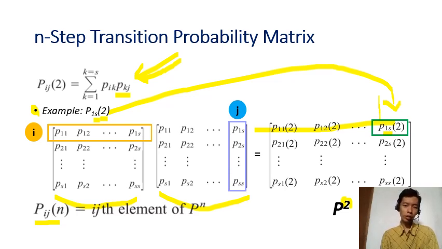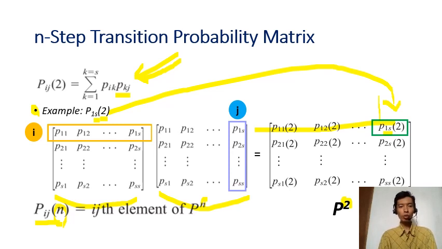Now, if you are looking at the transition probability in n steps, what you do is just you keep multiplying P such that you get the matrix of P to the power of n, and then you just check the ijth element, so the row I, the column J that you are interested at.